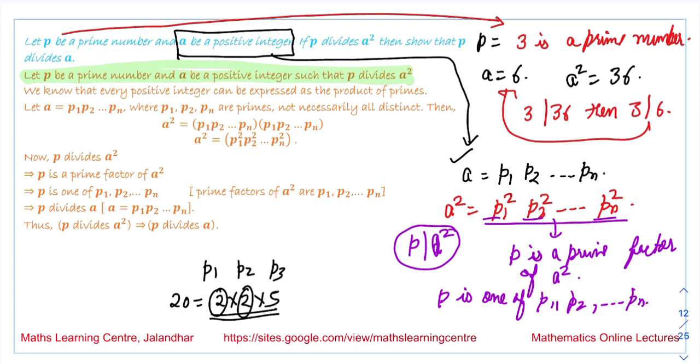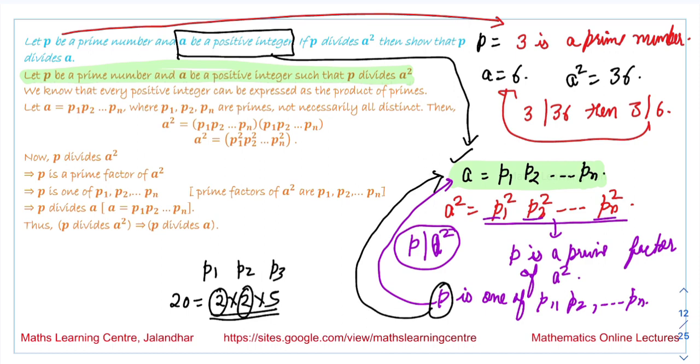And if p is one of these values, and we have a equal to p1 into p2 into p3, and so on up to pn, then what we see from this is that this p will divide a. So we get our final answer: p divides a square implies that p divides a.